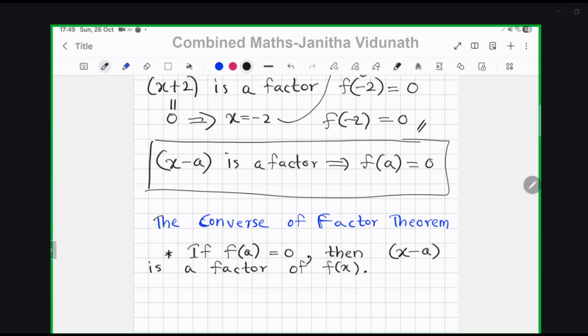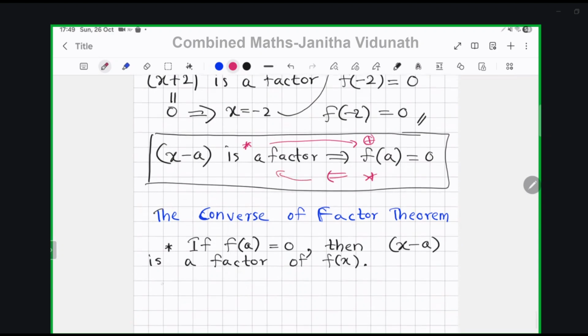Now this is similar to the factor theorem, but here first, if f(a) is 0, then we say x minus a is a factor. In the factor theorem, from the left hand side we obtain the right hand side, but in the converse of the factor theorem, from the right hand side we get the left hand side.